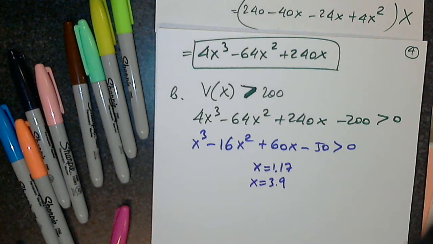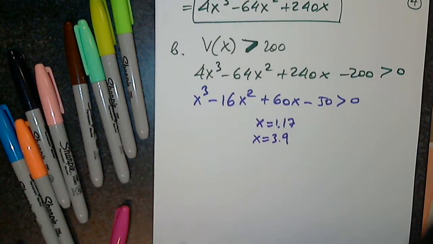Very good. So now, our conclusion. Paul already told us what the conclusion was. In order for the volume to be greater than 200 cubic inches, what x should we choose? Where should x be?